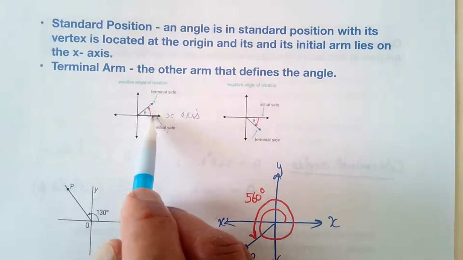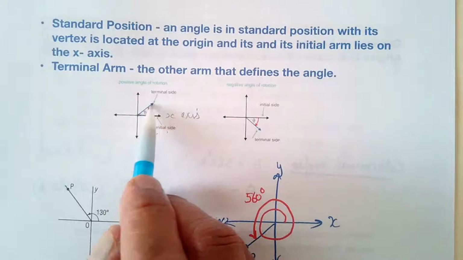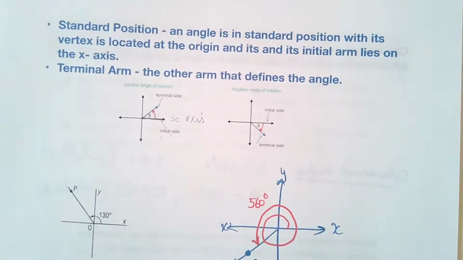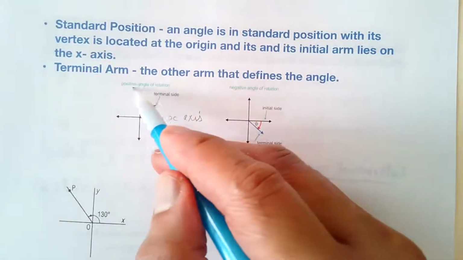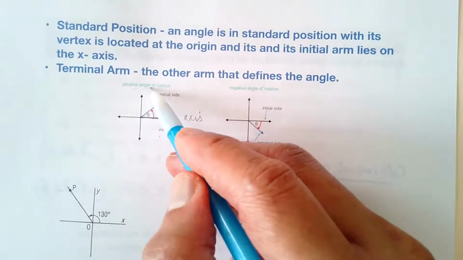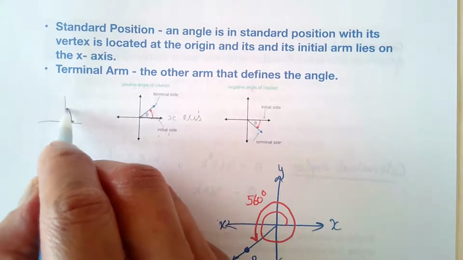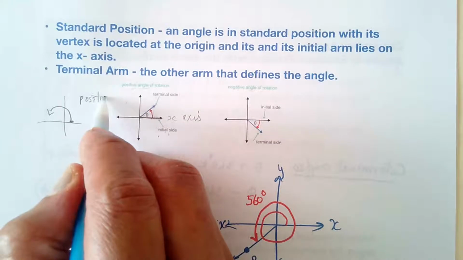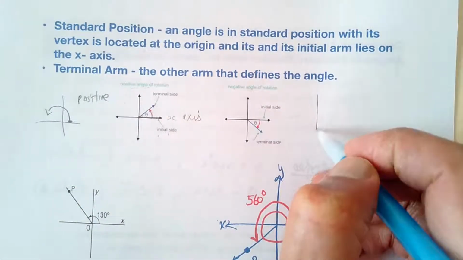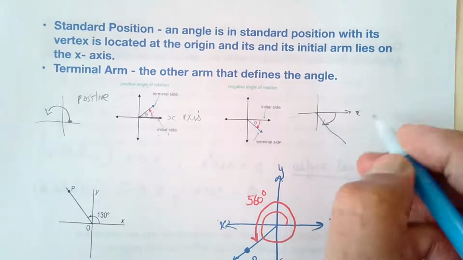So the angle in between the initial arm and the line, which we call the terminal side, defines the angle. Whenever we go counterclockwise, it is a positive angle. In other words, going from the initial arm counterclockwise is positive. Going clockwise from this initial arm on the x-axis is negative.